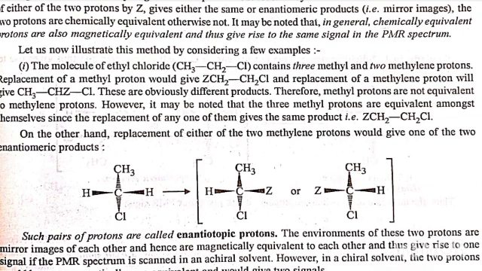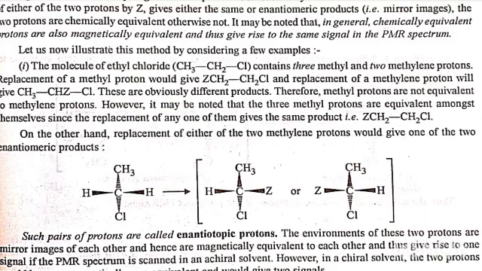Now, let us illustrate this method by considering a few examples. The molecule of ethyl chloride contains 3 methyl and 2 methylene protons. Replacement of a methyl proton would give ZCH2CH2Cl, and replacement of a methylene proton will give CH3CHZCl. These are obviously different products.